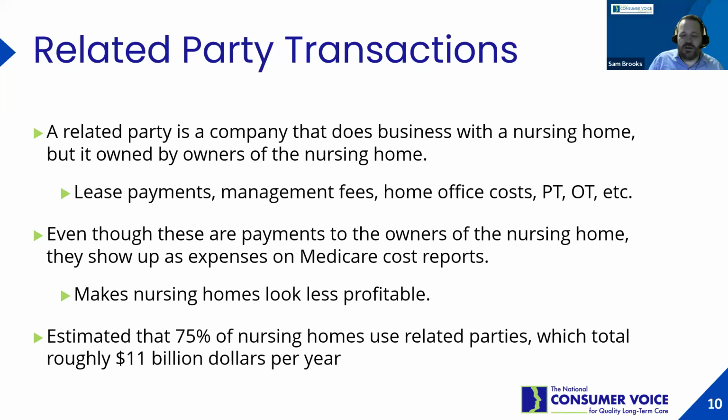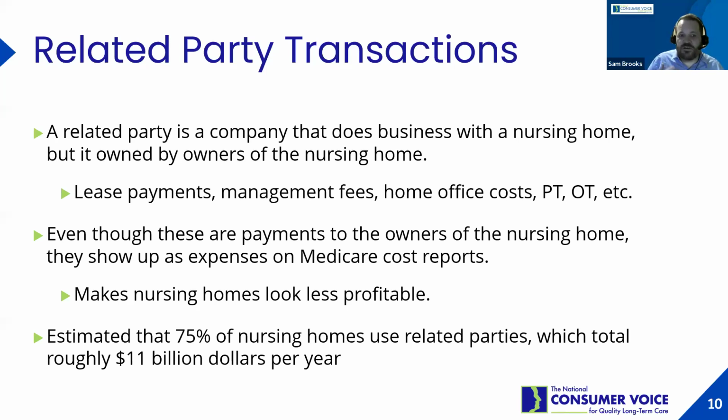The most frequent types of these transactions are lease payments, management fees, home office costs, physical therapy. The idea being you buy a home, you sell that home to a shell company that you own, then you start charging your nursing home significant amounts of rent, hundreds of thousands, if not over $1 million a year in rent. Then you charge them management fees.